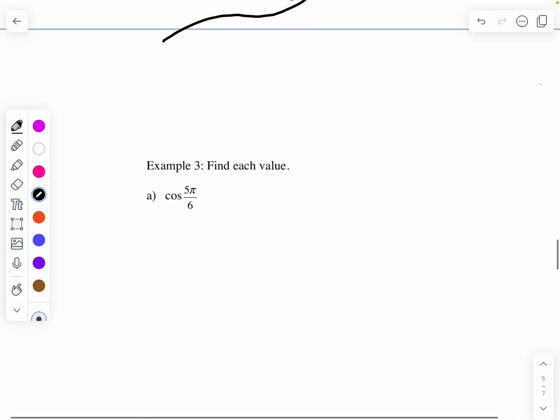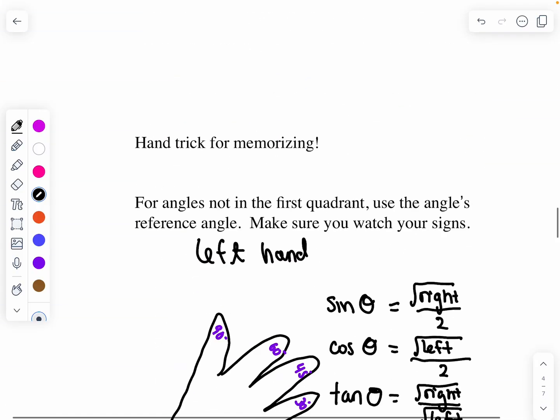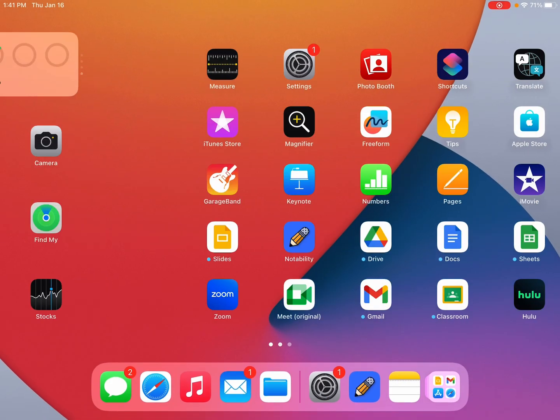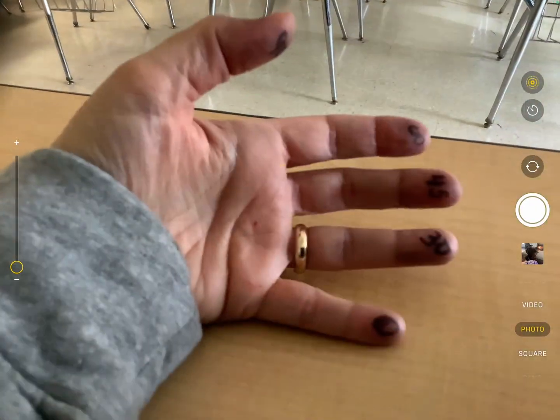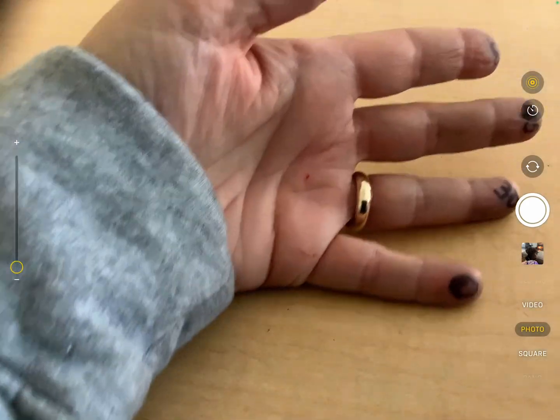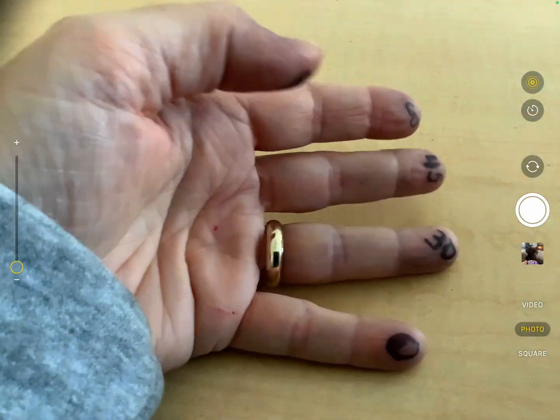First of all, let's use the previous example first. So let's see how it ties in with sine of 30, cosine of 30, and tan of 30. So let me flip over to my camera. Okay, get a good angle of my hand. Let's see. We're trying here.